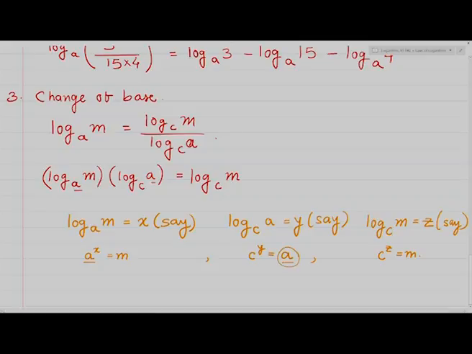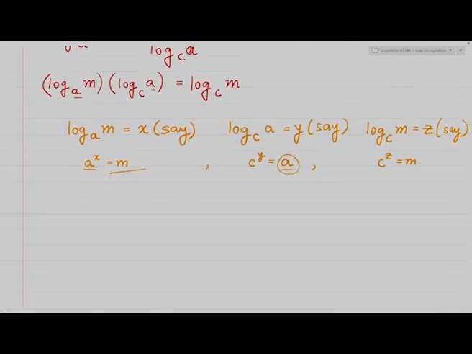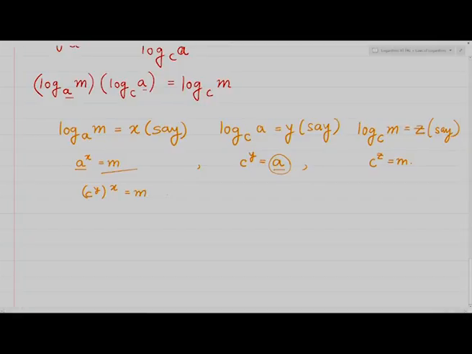So, I can substitute a is equal to c raised to y in this expression. Let us see what I get if I substitute this. So, c raised to y the whole raised to x is equal to m. Okay. But my m from this expression is nothing but c raised to z.